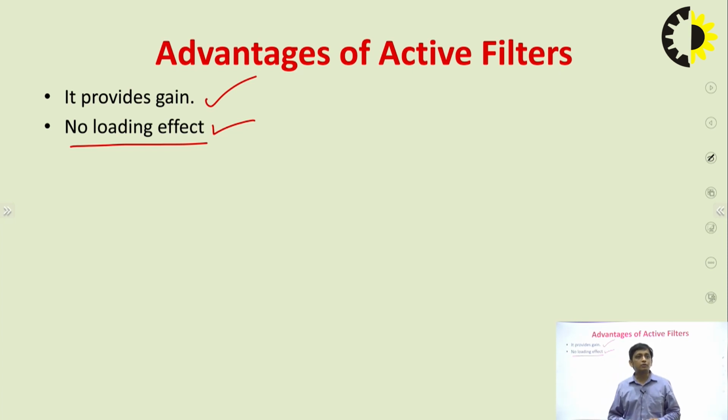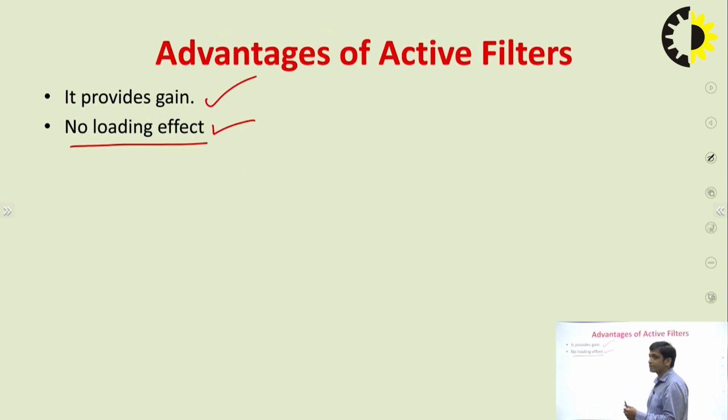So, in order to remove the loading effect in active filters, we prefer non-inverting configuration, because the input resistance of non-inverting configuration is higher. That's why you will see that in most active filter circuits, we will be using non-inverting configuration. So, by using non-inverting configuration, we are going to minimize this loading effect. These are the two main advantages of active filters.